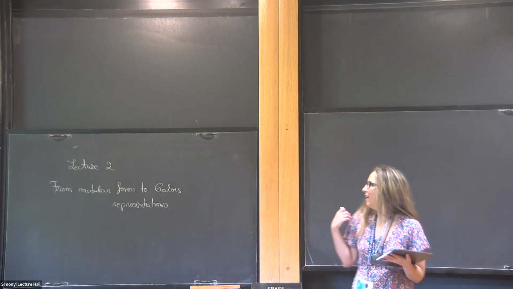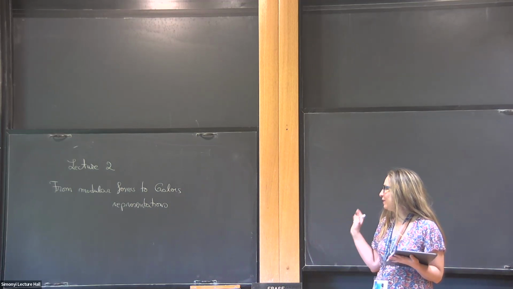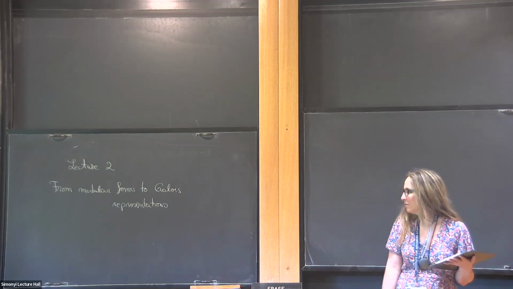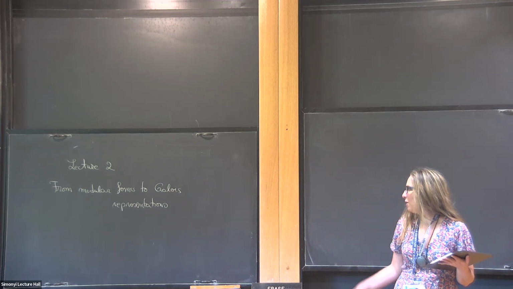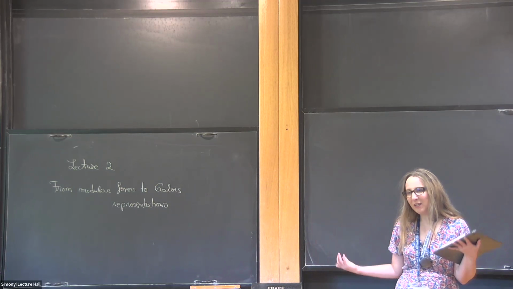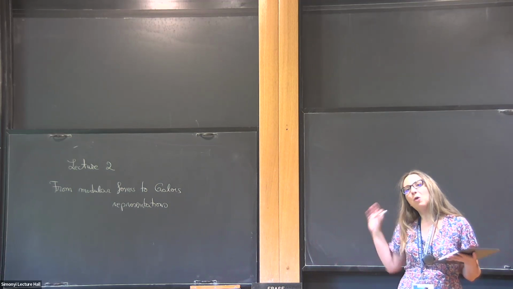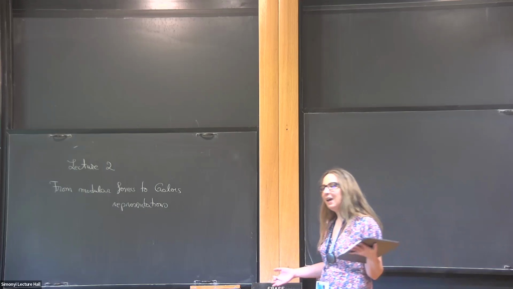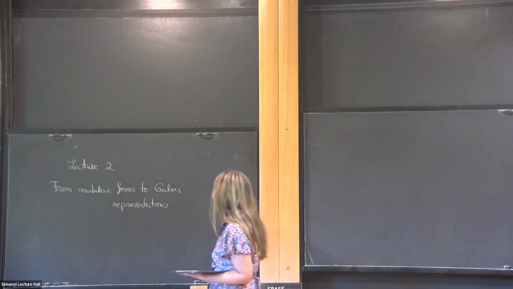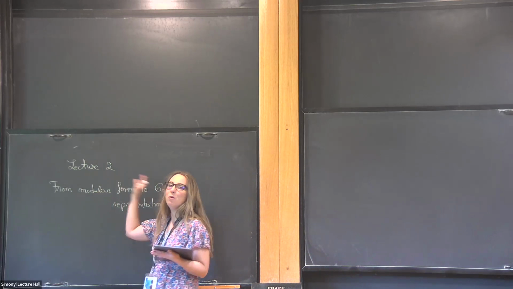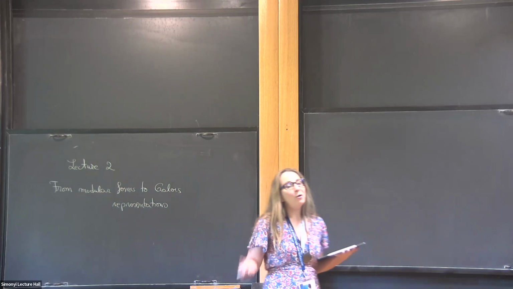So yesterday we gave an overview of what modularity means, but without being very precise about things. The goal for today is to go over some of the things that I mentioned yesterday and try to make them more precise. The particular thing that I want to focus on is how to go from a modular form to a Galois representation.